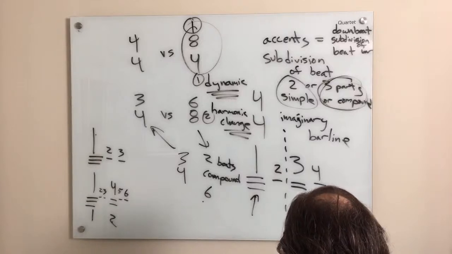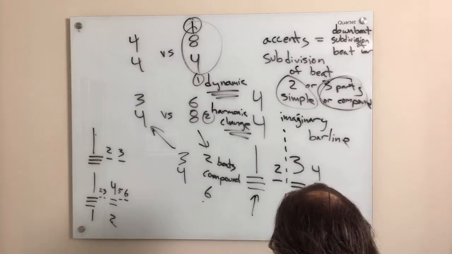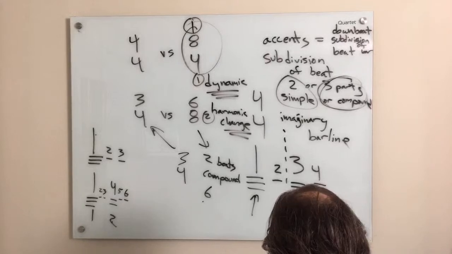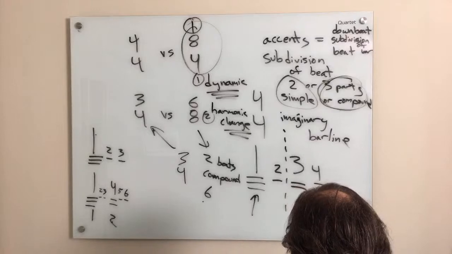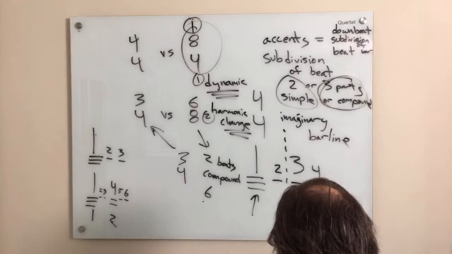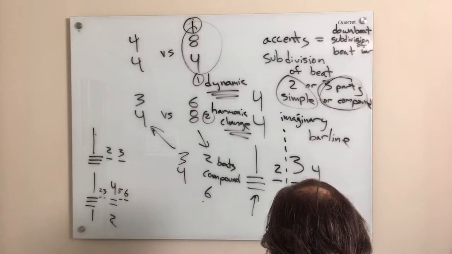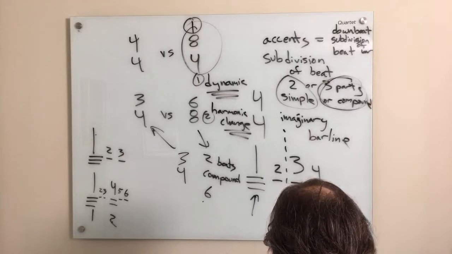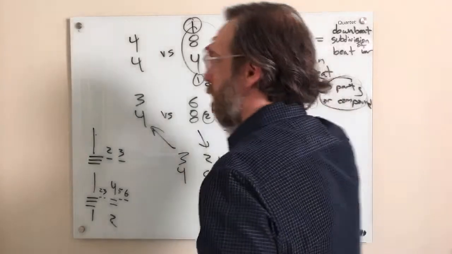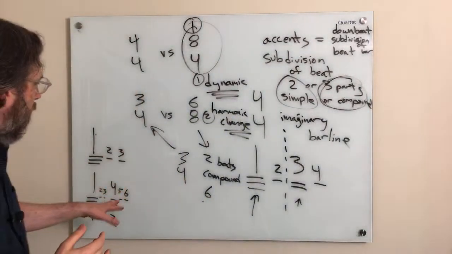But let's say we're going, that's a terrible improvisation, but I'm trying to go 1, 2, 3, 4, 5, 6, 1, 2. 6/8 usually is a little bit faster than that too.